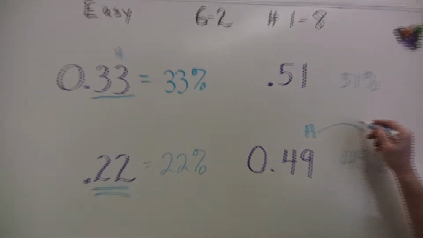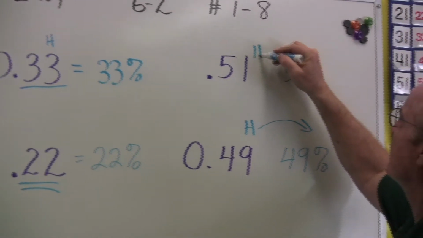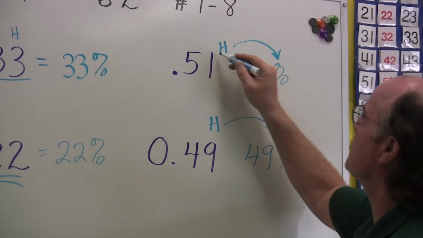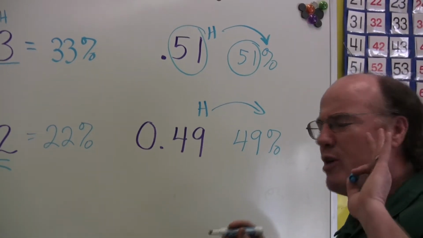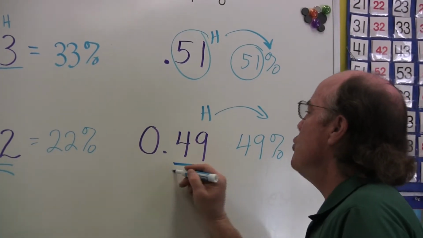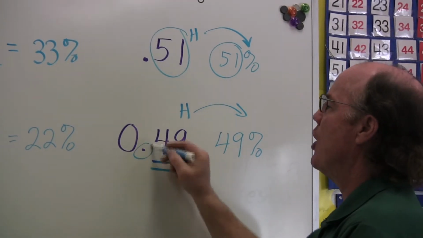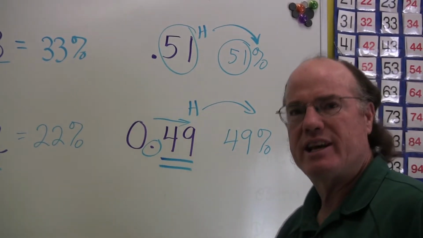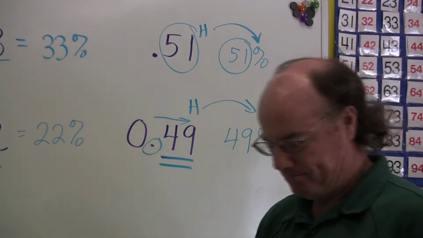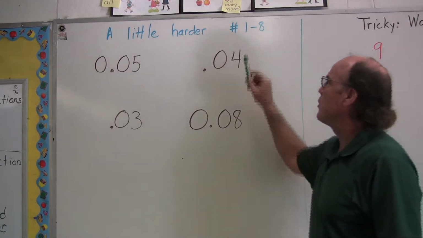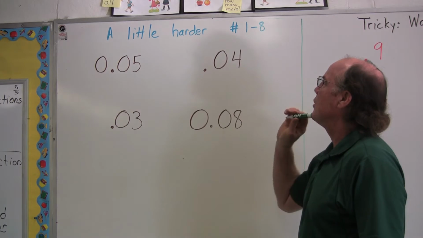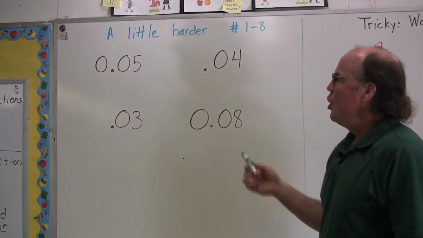Remember that hundredths are equal to percent. Hundredths are equal to percent. So this is the same as that, as long as you have exactly 2 numbers on this side of the decimal.